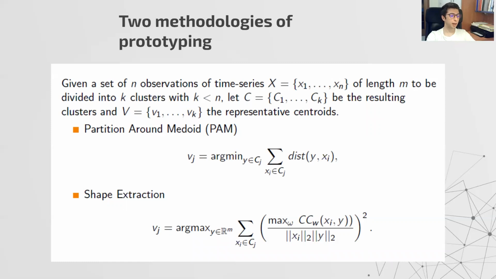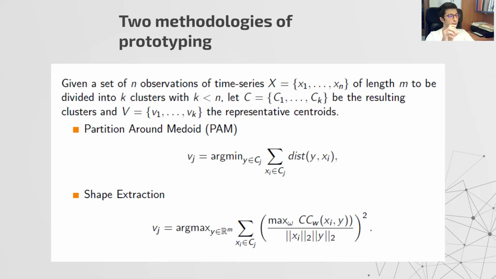So if we are considering the length m and the univariate case, we search among all possible series in this space. We evaluate the distance with all the points inside the Cj cluster, and we evaluate another point that does not exist inside the Cj cluster.